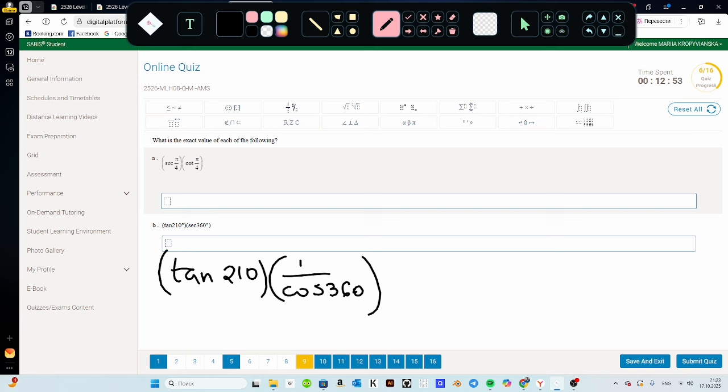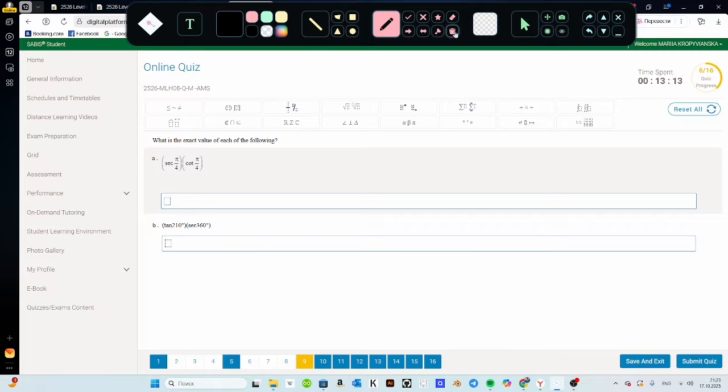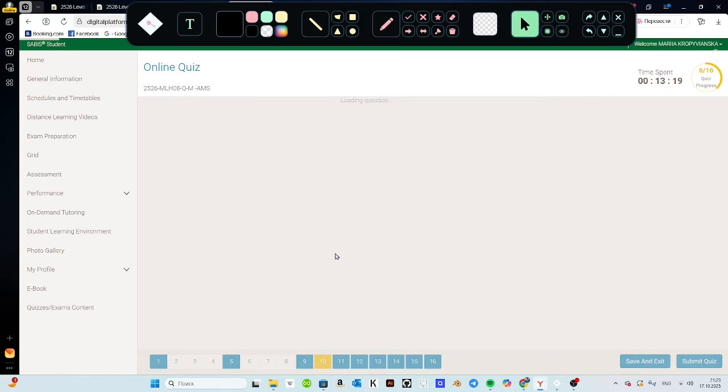Tangent 210, you put that in your calculator. 1 over cosine 60. That brings us to radical 3 over 3. Again, you just plug it into a calculator and it shows you the answer. But just remember that pi over 4 is going to be equal to 45 as we consider pi at 180.